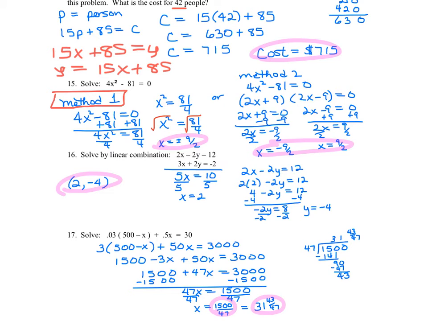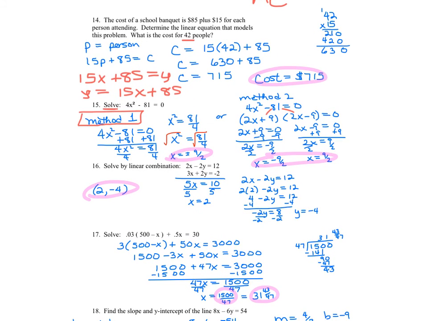The other method would be to factor that perfect square trinomial, and it would factor into 2x plus 9, 2x minus 9. Whenever it says to solve, you need to set it equal to 0. So this question is also multiple choice. So again, you would just solve it and then look for your answer.